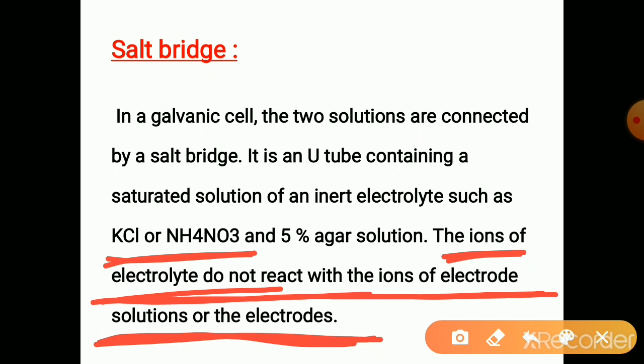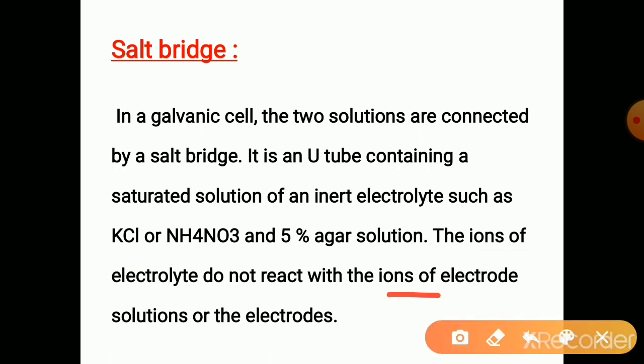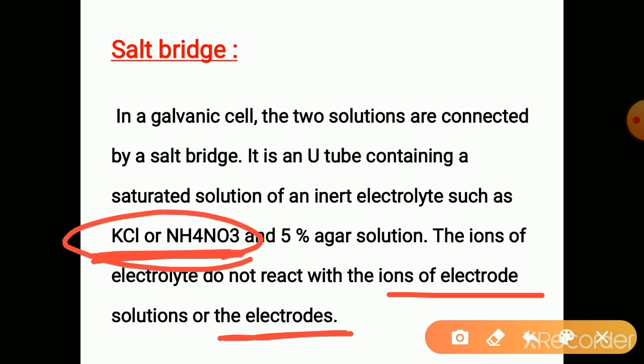Hence no new species. They are not involved in any cell reaction. This just provides the electrical contact between the two half cells.